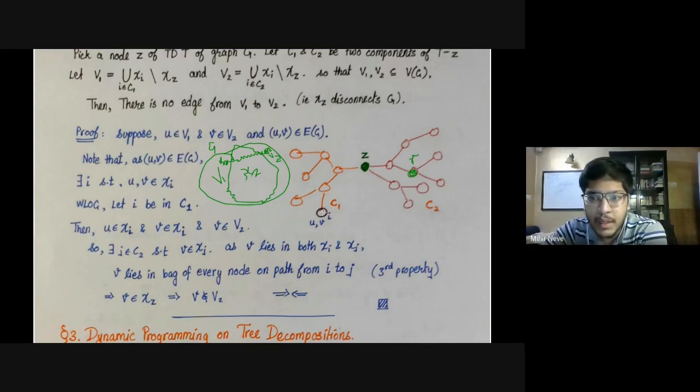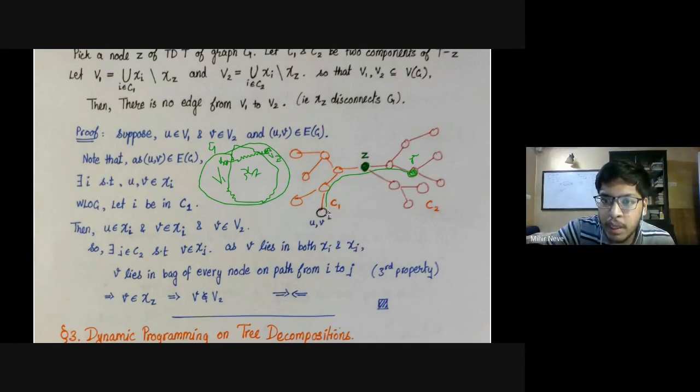So V lies here, which means that V lies on the path connecting them, because the subtree should be connected. This was the third property, right? The third property said that if you look at all the nodes which contain the vertex V, then that should form a connected subtree.